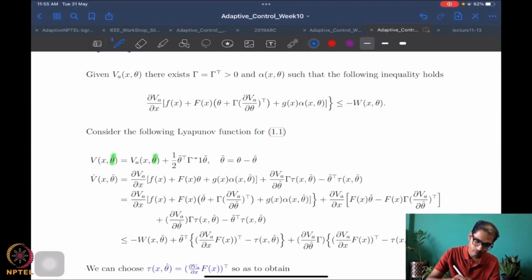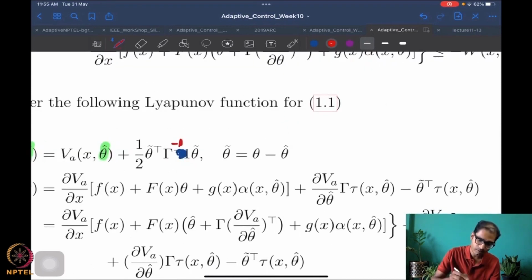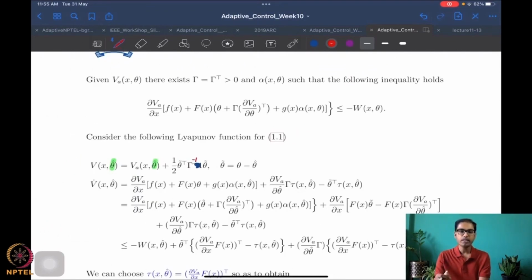This should be gamma to the power minus 1. Yeah, this is gamma inverse, the same gamma. And now we take the derivative carefully. All we have done is we've taken the same V, but in place of the theta, which is unknown, we've used the estimate theta hat. And of course, we're going to prescribe an estimation law. We'll do that. Great.